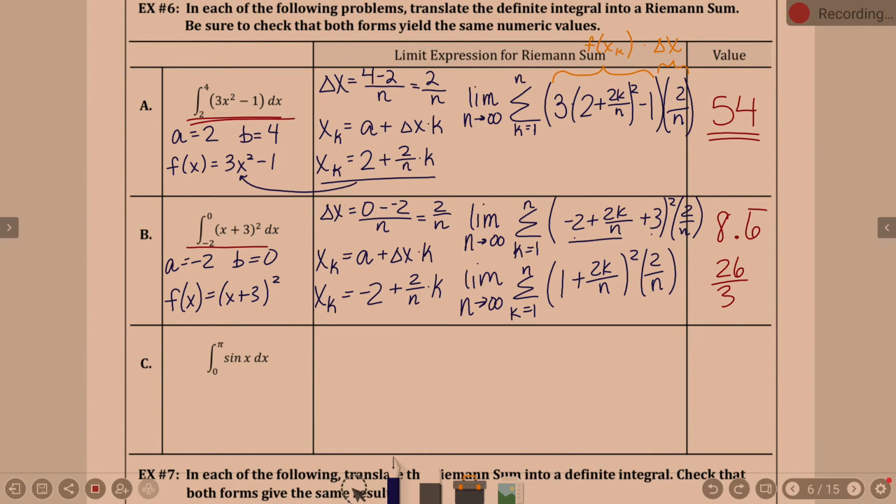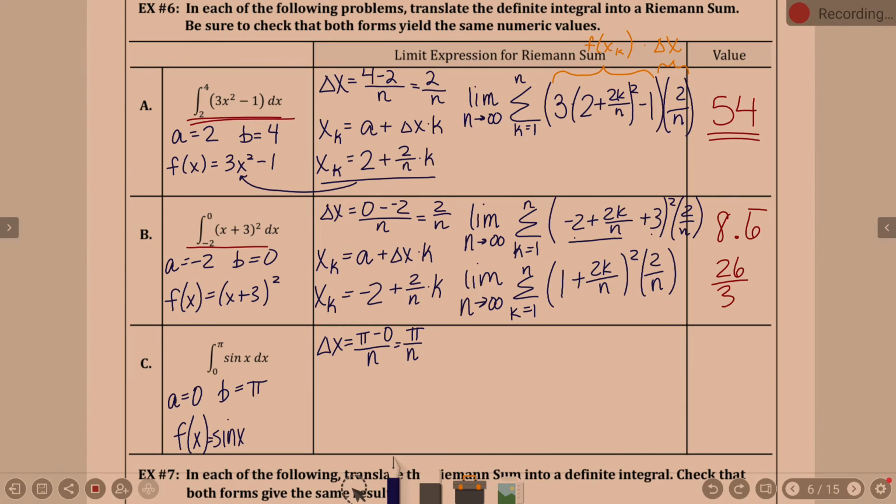Okay, one last one in this section. A is 0, B is pi, my function is sine x. So delta x is pi minus 0 over n.